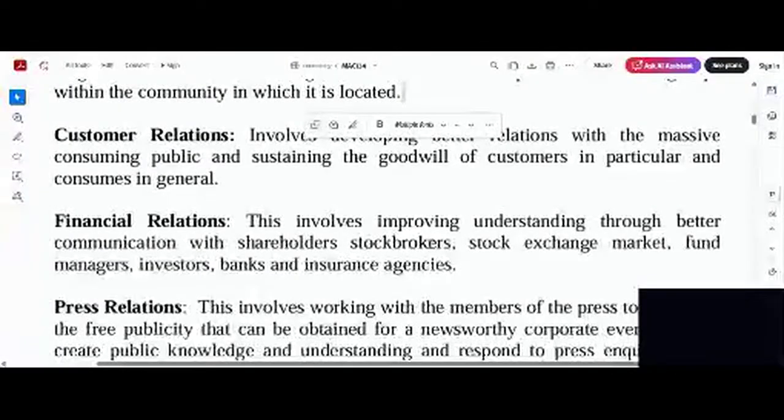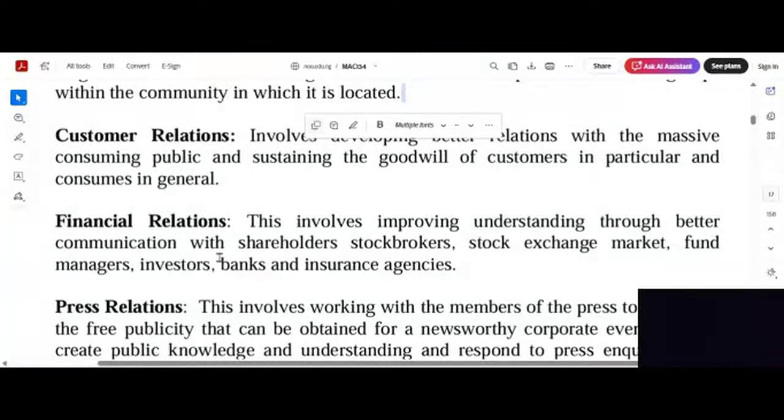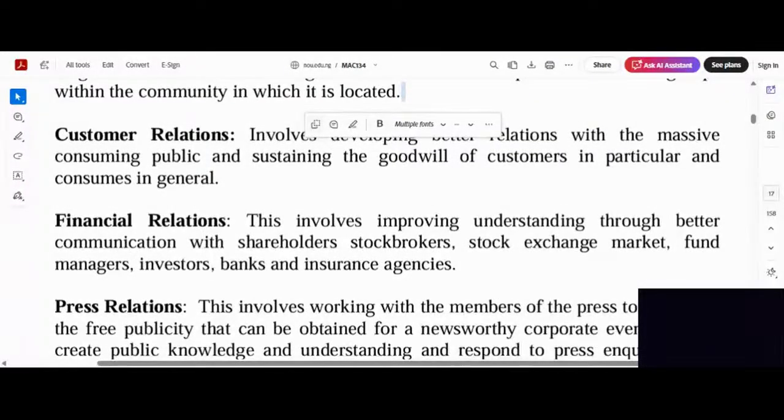Financial relations. This involves improving understanding through better communication with shareholders, stockbrokers, the stock exchange market, fund managers, and insurance agencies. You know, they need funds to continue running their daily activities, production, and the rest of them.